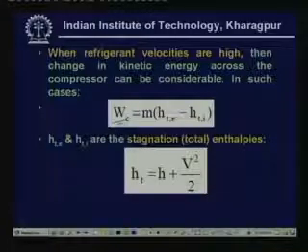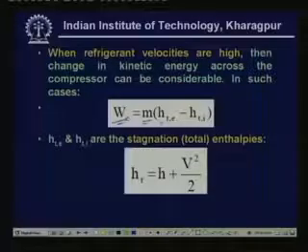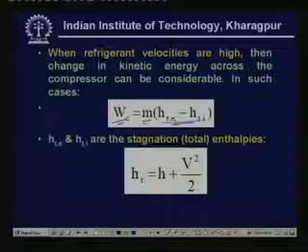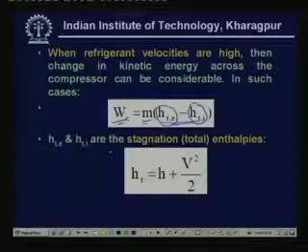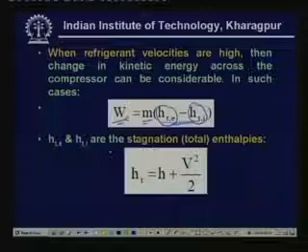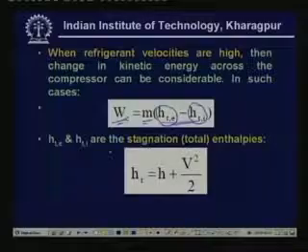The power input is simply obtained by this expression, where Wc is the power input, equal to the mass flow rate times (hTe minus hTi), where hTe and hTi are not the specific enthalpies but what are known as stagnation or total enthalpies at the exit and inlet of the compressor. So when the kinetic energy is not negligible, you have to use stagnation enthalpies instead of static enthalpies.